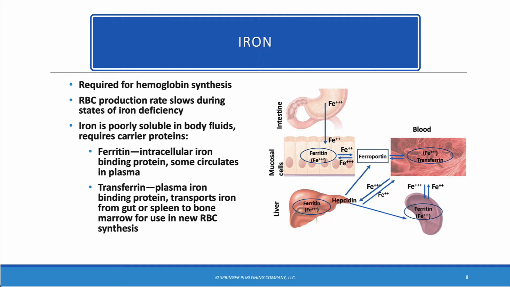You remember that iron is required for synthesis of hemoglobin. The lack of iron or an iron deficiency, just like if you don't have bricks to build your brick building, you can't build it. Well, the same thing happens when there's iron deficiency. If you don't have enough iron stores or enough free iron circulating in the blood, then you can't build red blood cells.